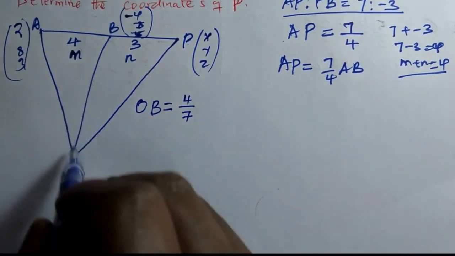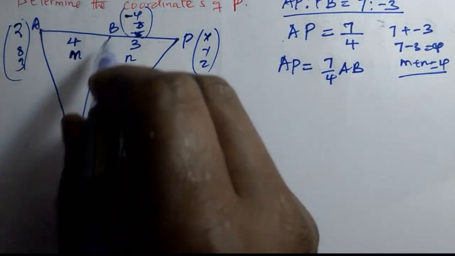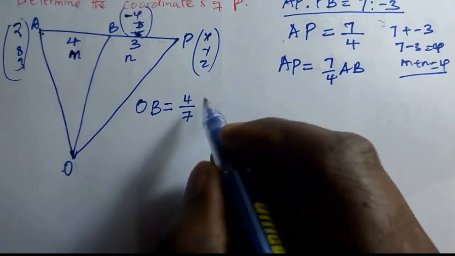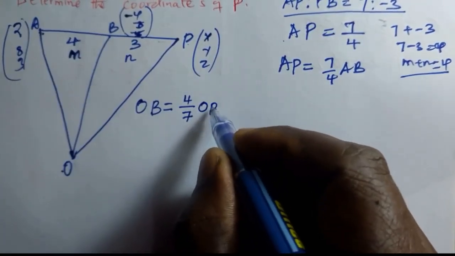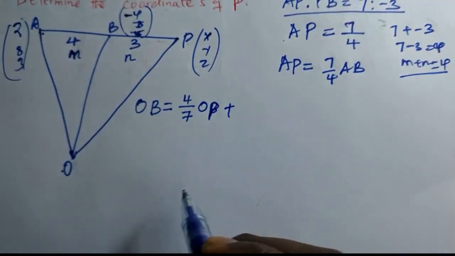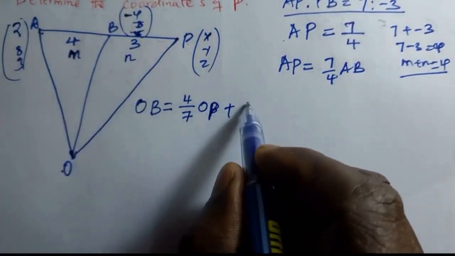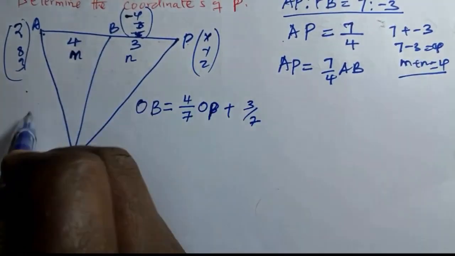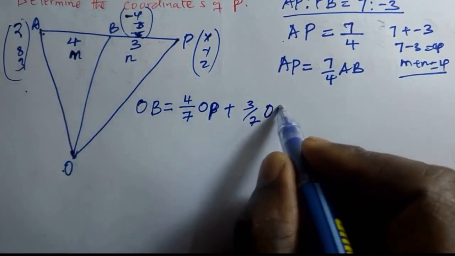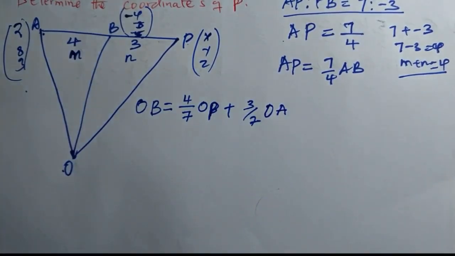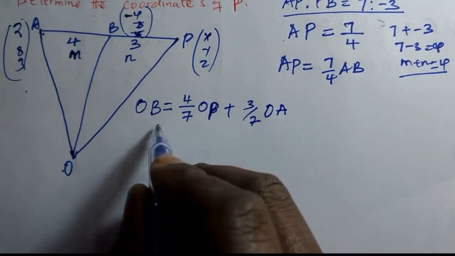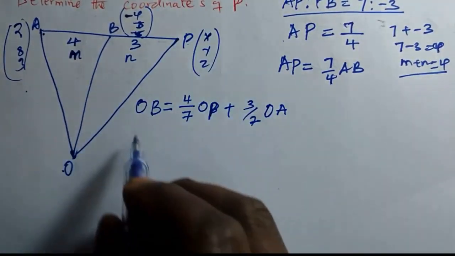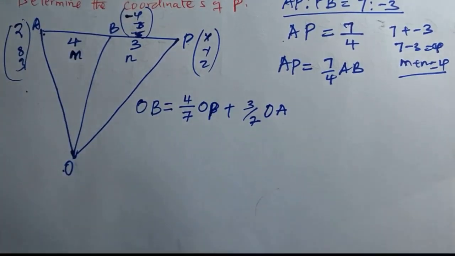Because we want OB, 4 over 7 OP plus 3 over the total 7. The opposite of 3 is OA. Do we understand that? Now we have the coordinates. We have OP already. I think this is the simpler way of doing it.